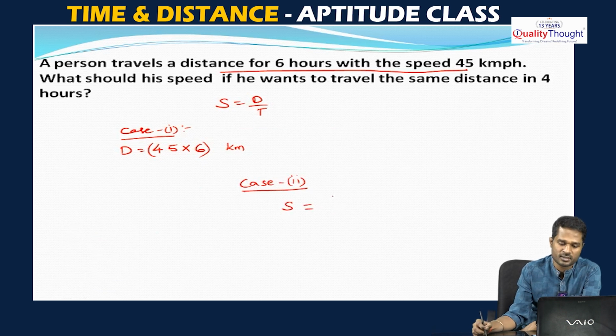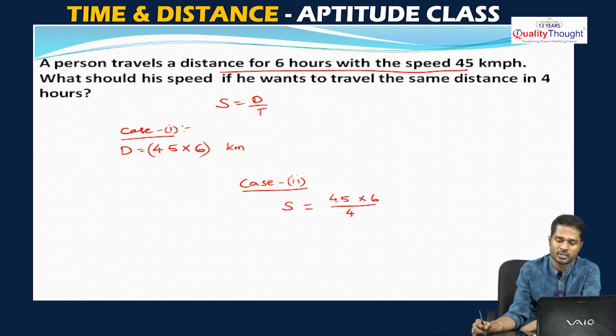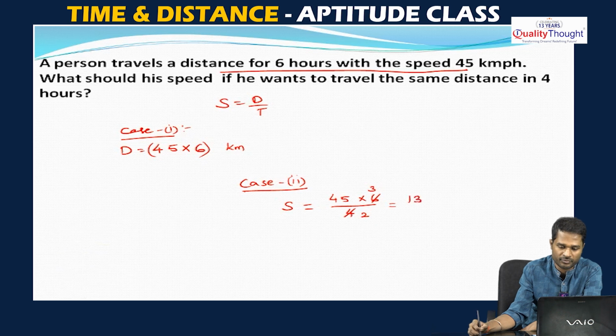So the distance travelled is 45 into 6, and this same distance should be travelled only in 4 hours. So the speed is 45 into 6 by 4. 2 2s are 4, 2 3s are 6. So this is 3 5s are 15, 3 4s are 12 plus 1 is 13, that is equal to 135 by 2.